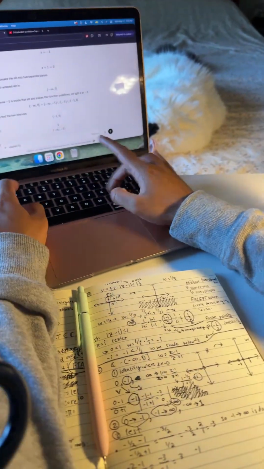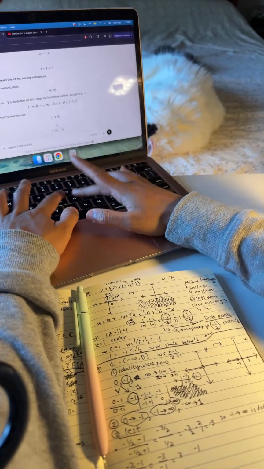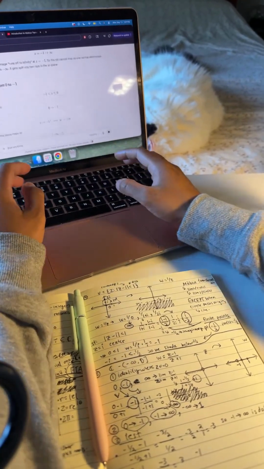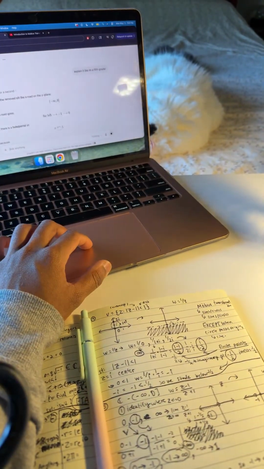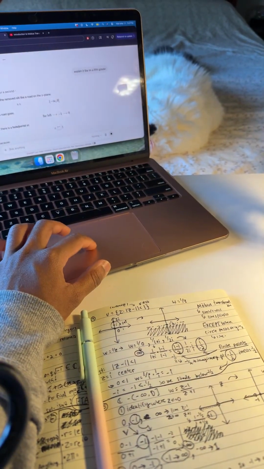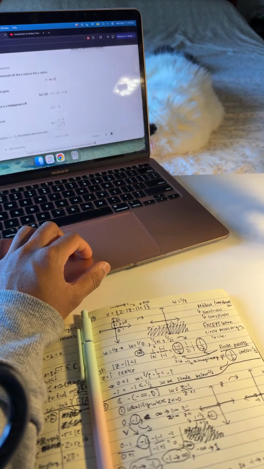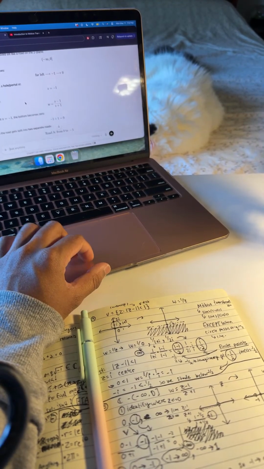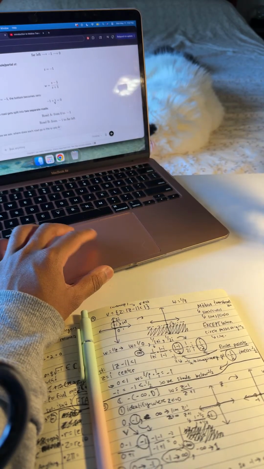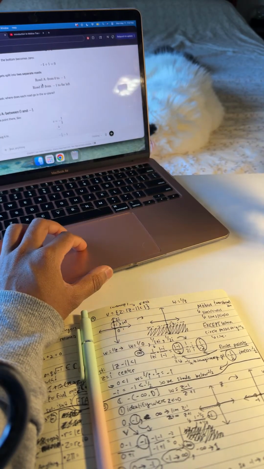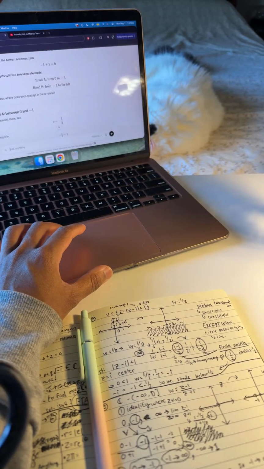Explain it like I'm a fifth grader. Alright, there's a smooth slit. Okay. Road A and road B. Okay, that makes sense.